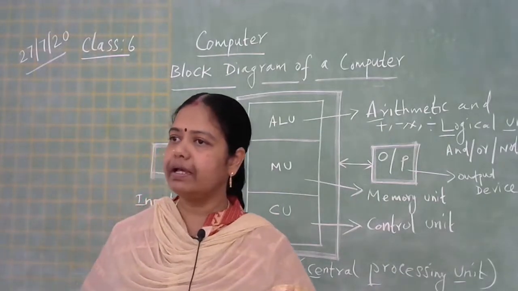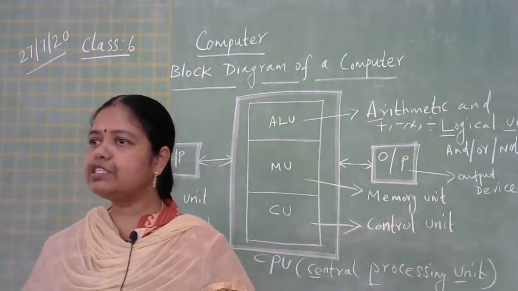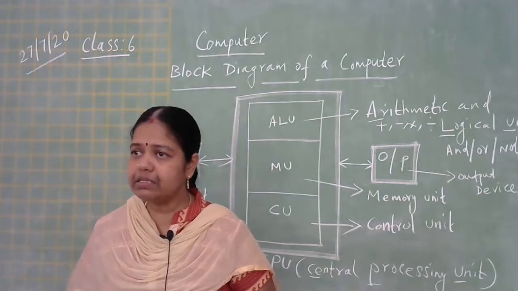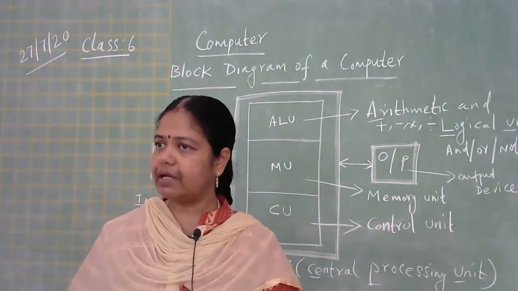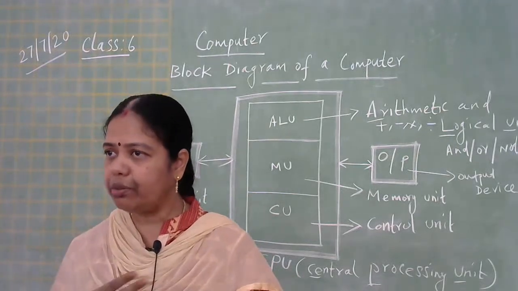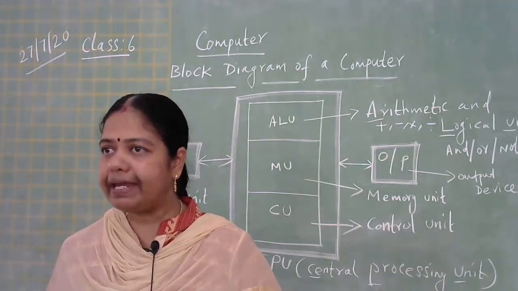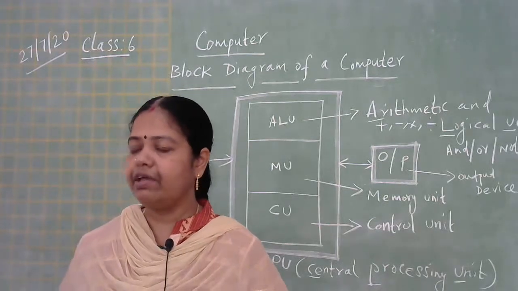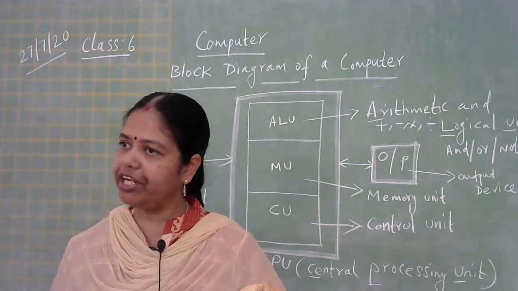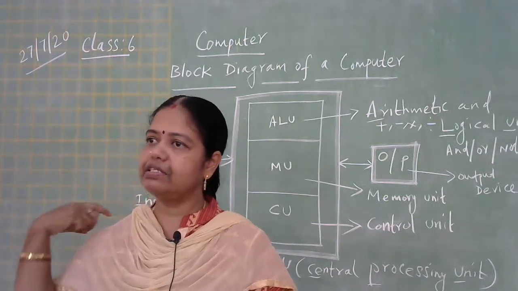An output device is used to display the processed data. Processed means after doing some calculations, or preparing some documentation or some presentations, we can show our result. Yes, very good. Monitor, speaker.